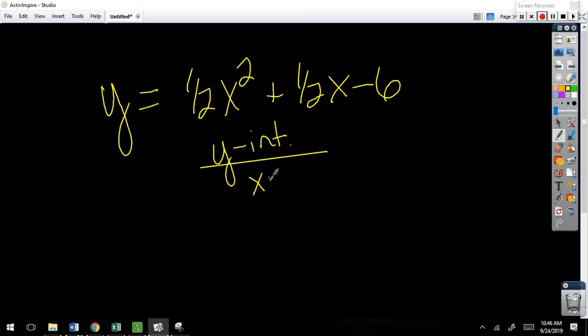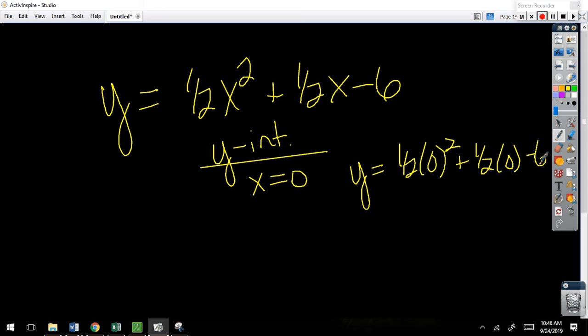I would let x be 0, and I would say, okay, that means y equals 1/2 times 0 squared plus 1/2 times 0 minus 6, which is -6. So it should be crossing the y-axis at -6, right?